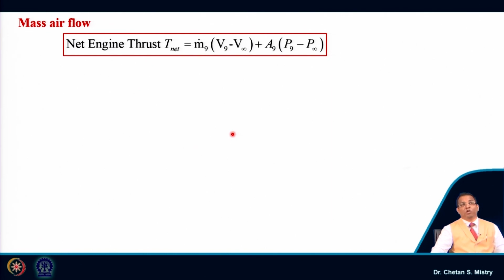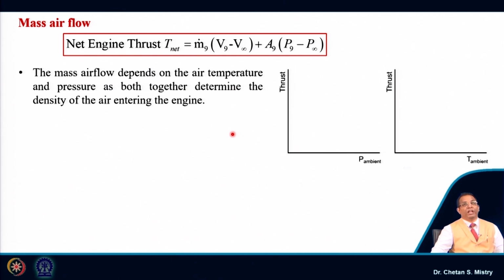Now, the next terminology, as we have discussed earlier, is my mass flow rate. The mass flow rate depends mainly on my temperature and pressure, and how they affect my density, because we define mass flow rate in terms of density times area times velocity.